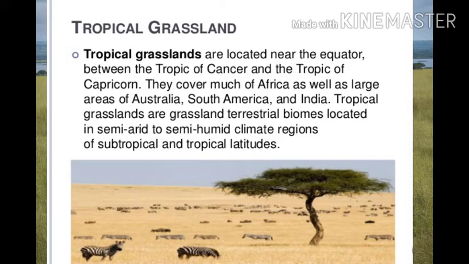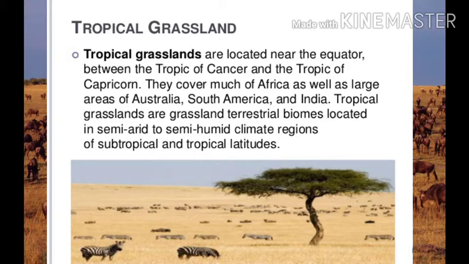Students, the area receives about 500 to 1500 millimeter rainfall in a year, and the temperature ranges between 15 degree centigrade and 35 degree centigrade. If you see the grass of those areas, the grass grows 3 to 4 meters in height and is popularly known as elephant grass because of its height.